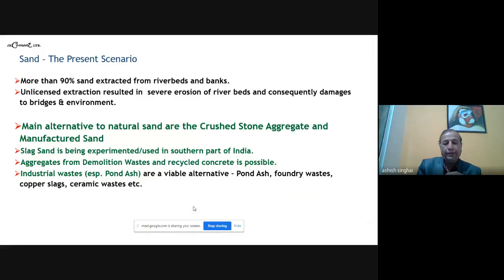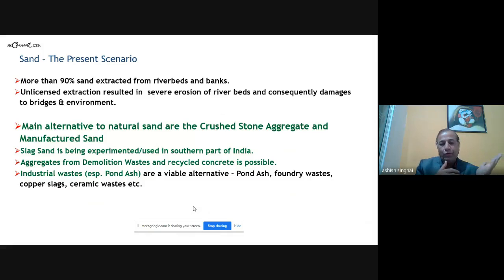The reason is that the continuous extraction of sand from these rivers in all these years in huge quantities has completely murdered these rivers, and today they no longer exist.